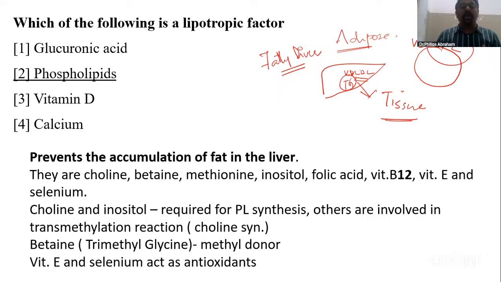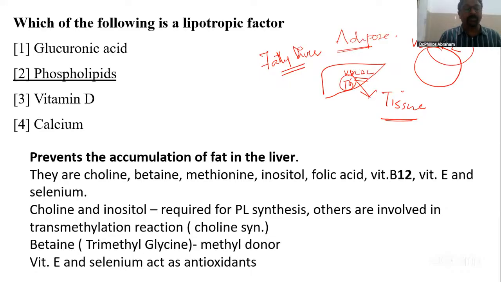So these are all lipotropic factors. Choline and inositol go straight into phosphatidylcholine and phosphatidylinositol, phospholipid synthesis. For choline synthesis, methionine does the transmethylation reaction, and we can synthesize choline from ethanolamine. So methionine, which helps in the transmethylation reaction, is called a lipotropic factor. Betaine is trimethylglycine, a methyl donor for transmethylation reactions. So that is again a factor that helps in synthesis of phospholipid.